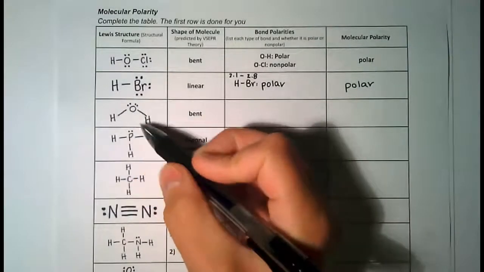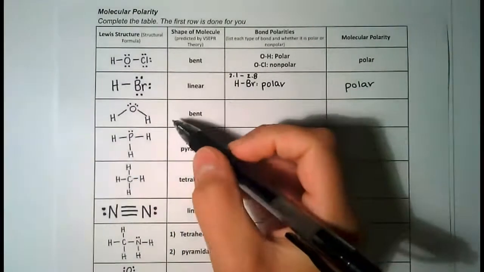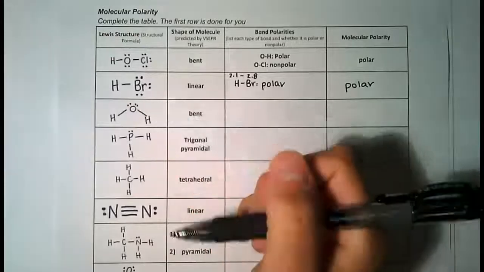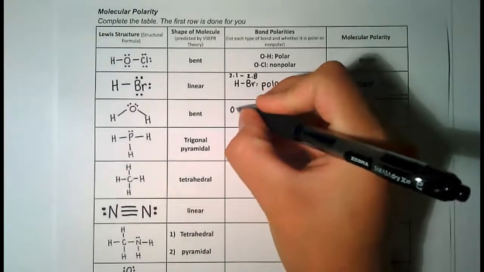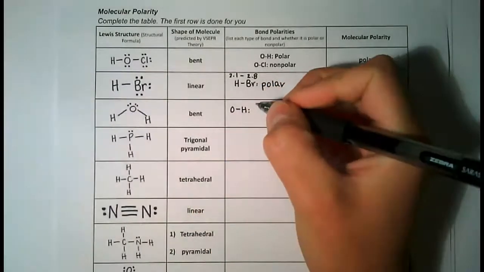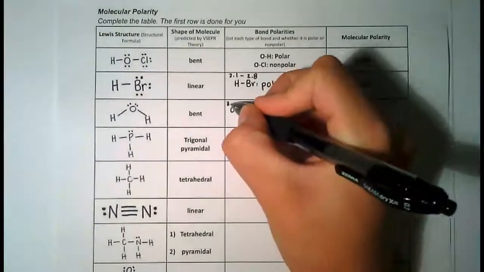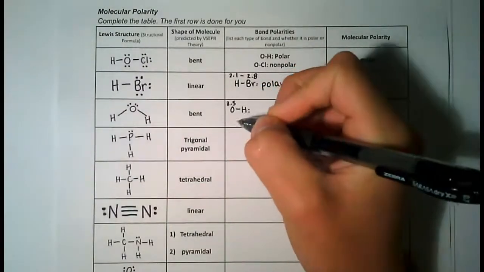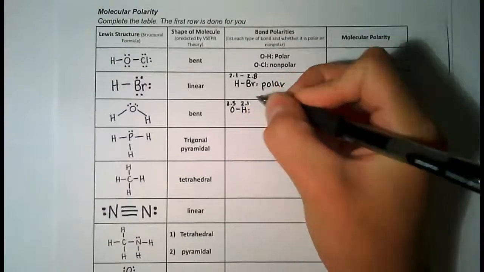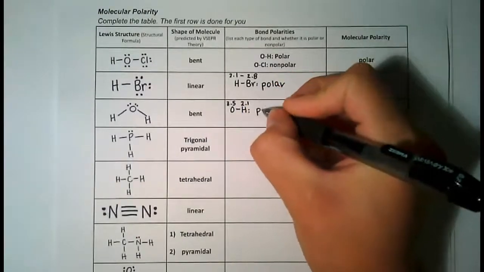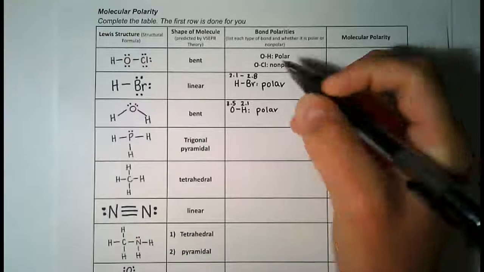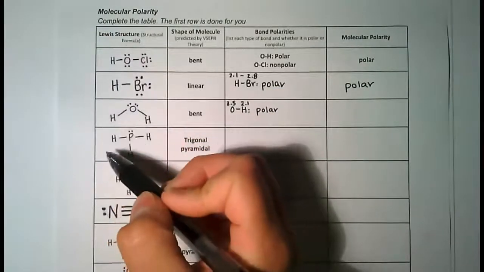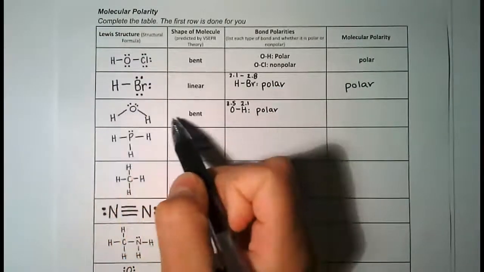Next we have H2O, which is water, and we know that water is a bent molecule. And that OH bond is a polar bond. We have oxygen with an electronegativity of 3.5 and hydrogen with 2.1. So that's definitely a very polar bond. If this molecule were linear, then those polarities would cancel each other out.